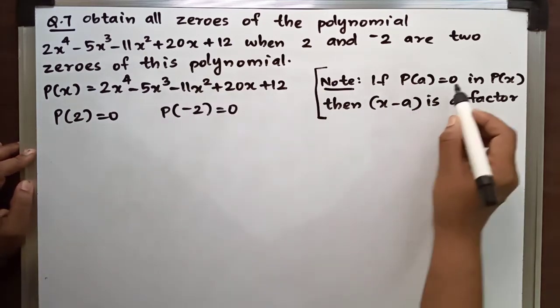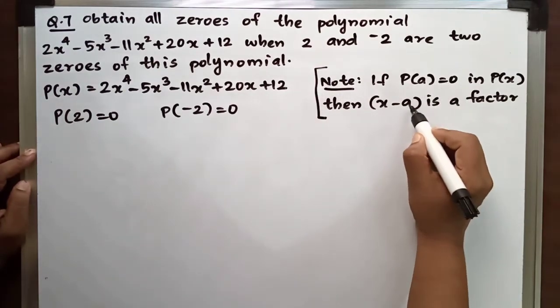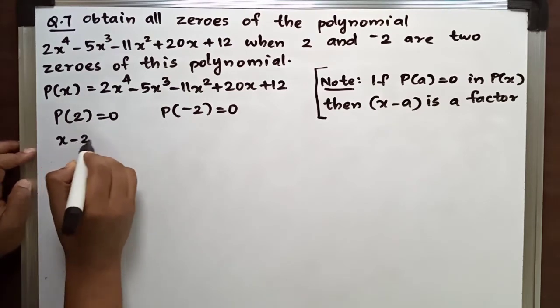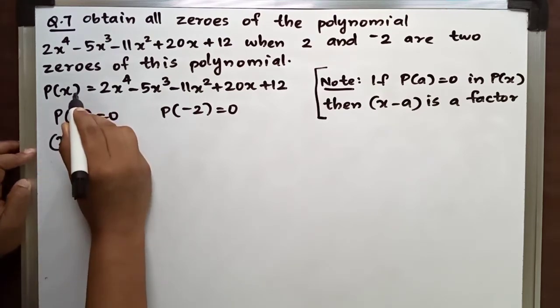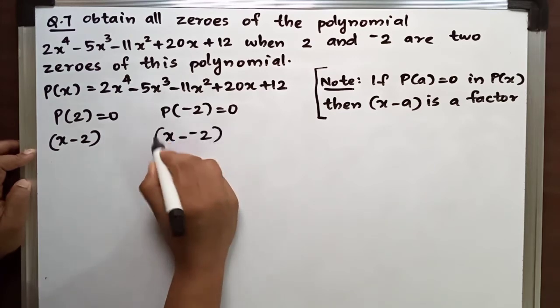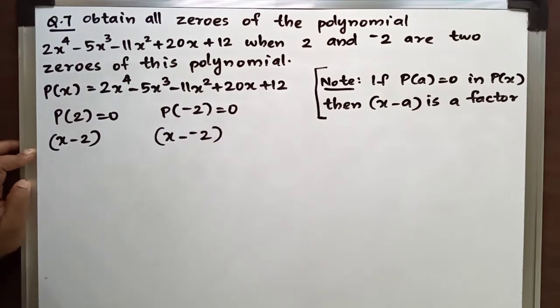Let us relate it to this theorem. If p of a is 0, then x minus a is a factor. Here p of 2 is 0 means x minus 2 is a factor of this polynomial, and here x plus 2 is a factor because p of minus 2 is 0.